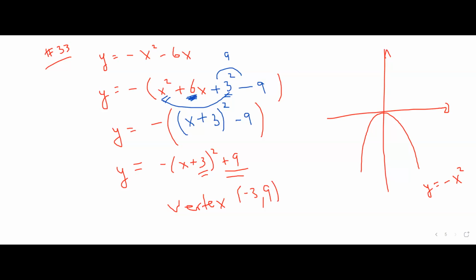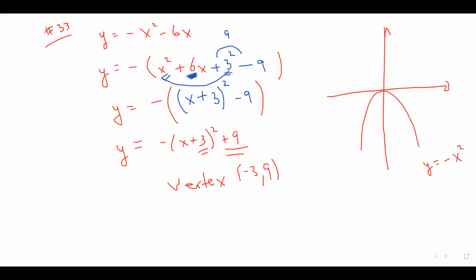So once I have the vertex, well, I graph this parabola that opens down, with vertex at negative 3, positive 9, someplace here. So it opens down. So it goes through the origin, turns out.